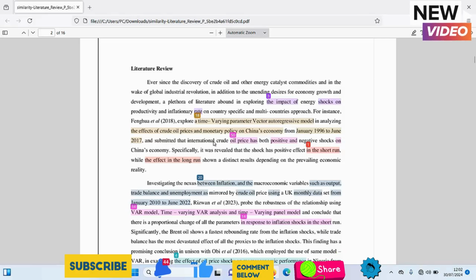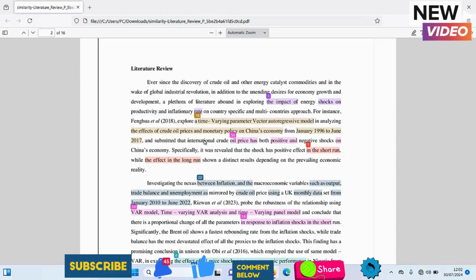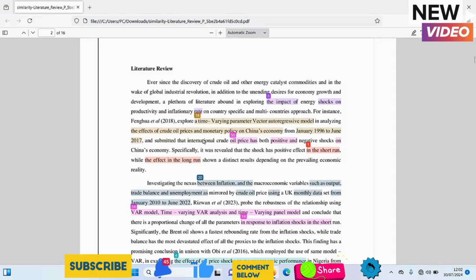So instead of saying international crude oil price, you say price of crude oil. You can just take away international. You understand? Or you use global. But international is not even an issue. Just the price of crude oil in the international market.